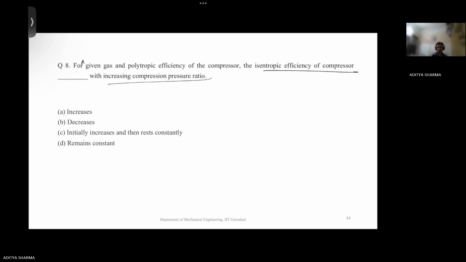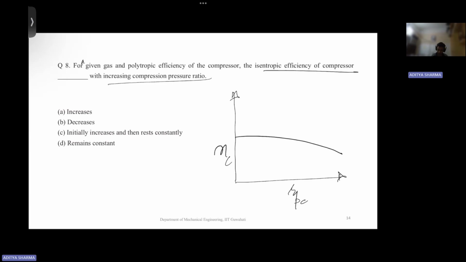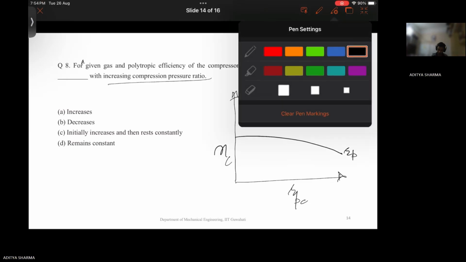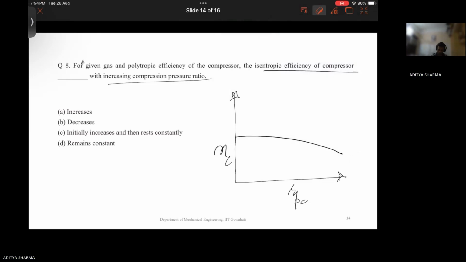What happens? The graph goes like this. NC versus RPC goes like this. For some single polytropic efficiency NCP, it works like this.